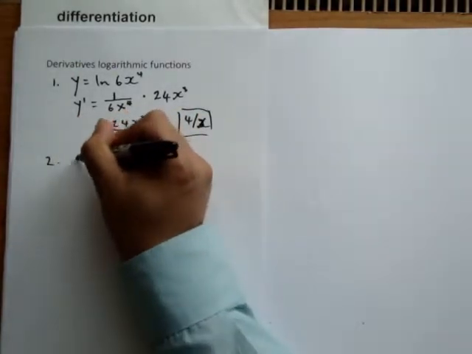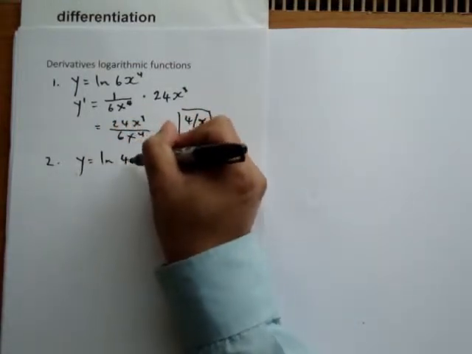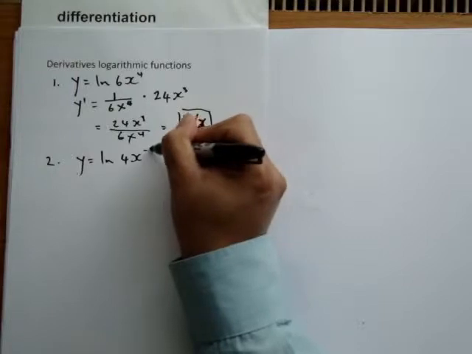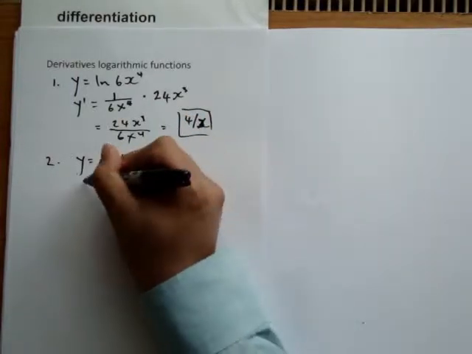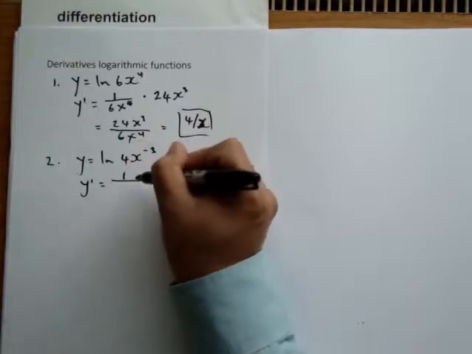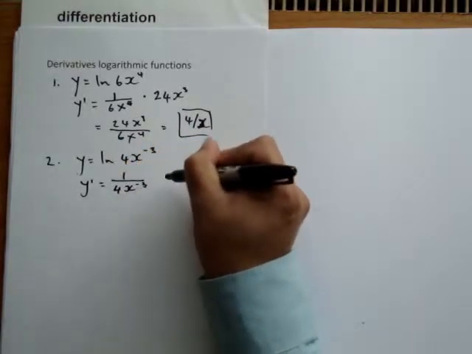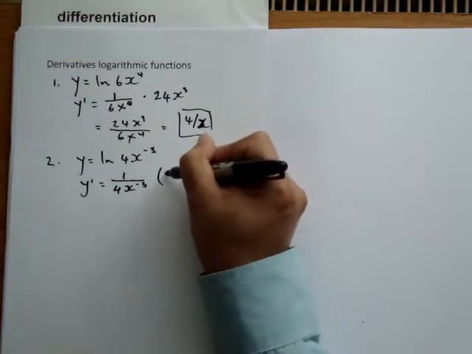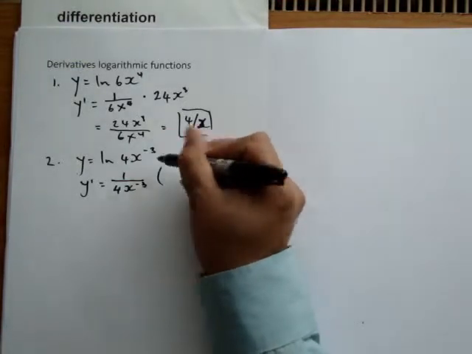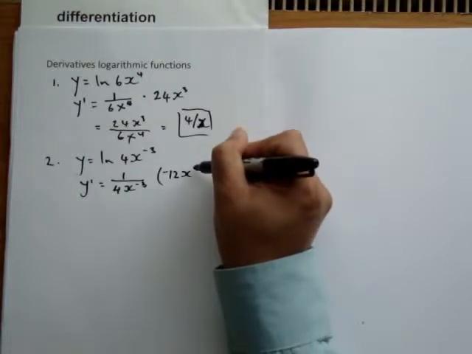2. Y equals natural log of 4x to the minus 3. Differentiating, we get 1 over 4x to the minus 3 multiplied by, minus 3 times 4 is minus 12, and then x to the minus 4.